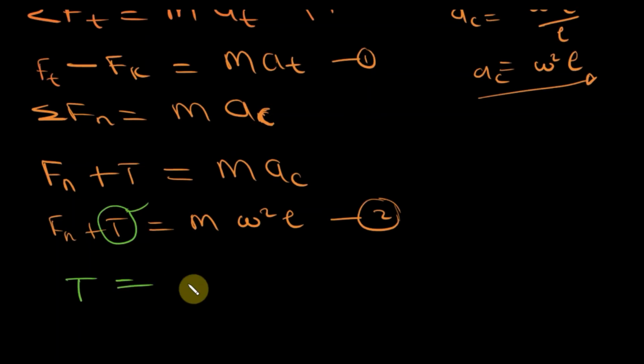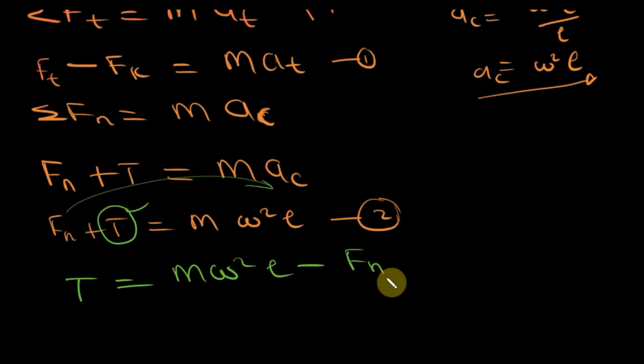We say T is equal to, we move this guy to the other side, it becomes m omega squared L minus Fn. What is Fn?